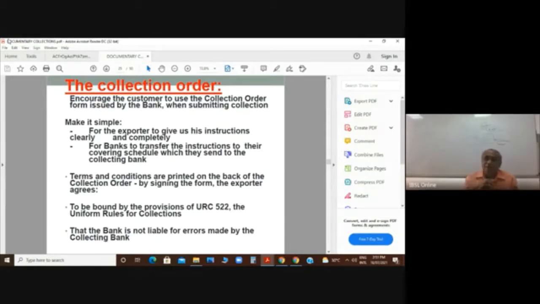If the exporter is going to give a covering letter, this collection order form is the covering letter given by the exporter to the remitting bank. But instead of that, if the exporter is giving a covering letter, he will start writing love letters.